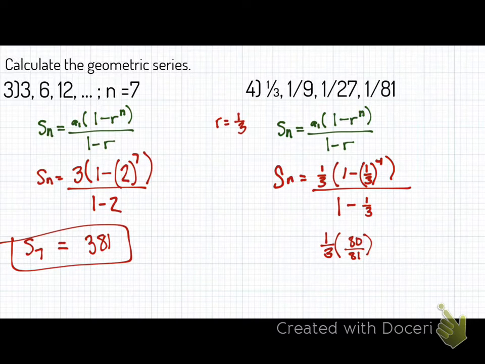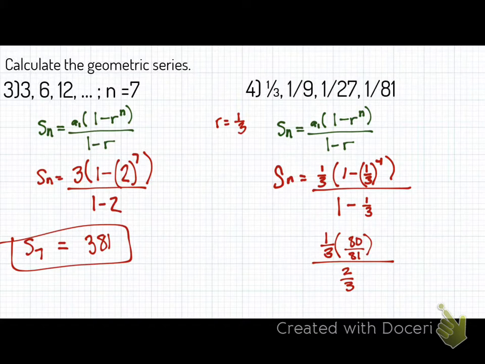This is our new numerator, and then our denominator. What's 1 minus 1/3? If you had one whole pizza, children, and someone ate 1/3 of it, how much pizza? Good, 2/3. That's the goal. Throwback Friday.